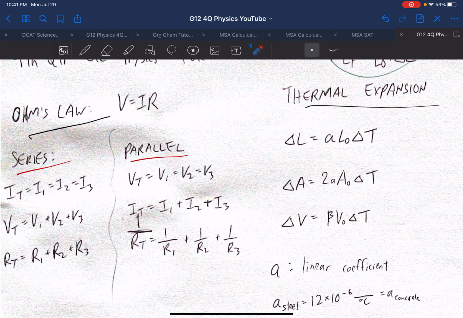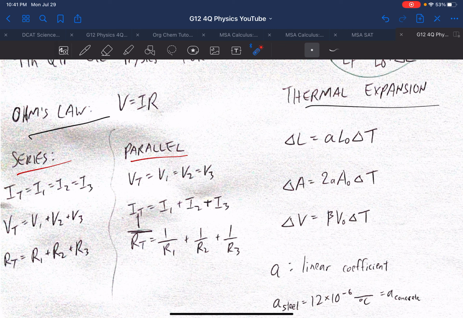For a parallel circuit, what's constant here is the voltage. So V1 is equal to V2 equal to V3. And for the current, in order to find the total current, you find the sum of everything. That also goes the same for the resistance. However, as you can see here, we have fractions instead of whole numbers, unlike series.